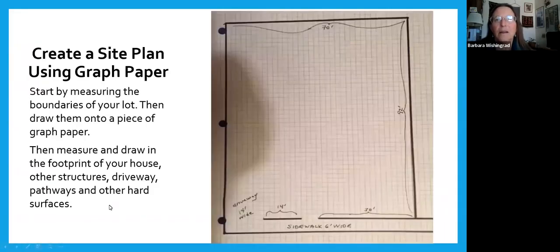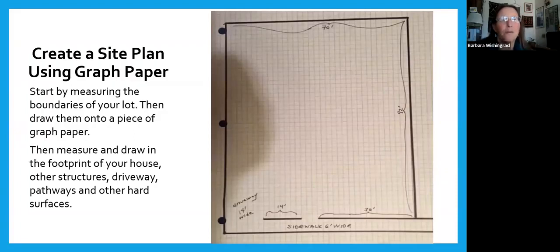Next. So there's basically two different ways that we're going to introduce doing a site plan. In terms of this one, you can use graph paper. Now you can go onto the internet and find a way to download graph paper. You don't have to buy a whole packet of graph paper. And this involves a lot of walking around and measuring yourself, and it's really good to have a helper to hold one end of the measuring tape while you start.